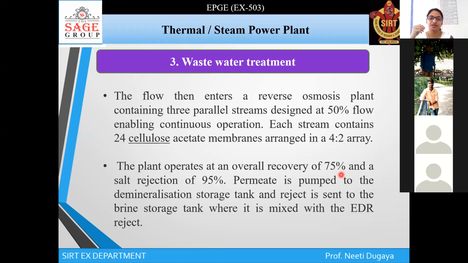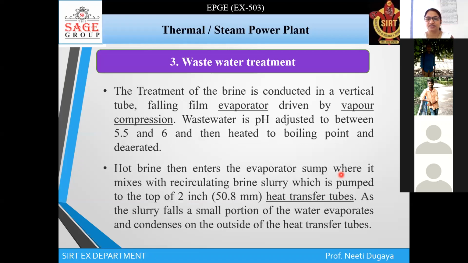The permeate is pumped to the demineralized storage tank, and the rejects are sent to the brine storage tank, where they mix with the EDR rejects. The treatment of brine is conducted in a vertical tube falling film evaporator driven by vapor compression. The wastewater is adjusted to a pH of around 5.5 to 6, heated to the boiling point and deaerated, and the hot brine enters the evaporator sump, where it is mixed with the recirculating brine slurry.